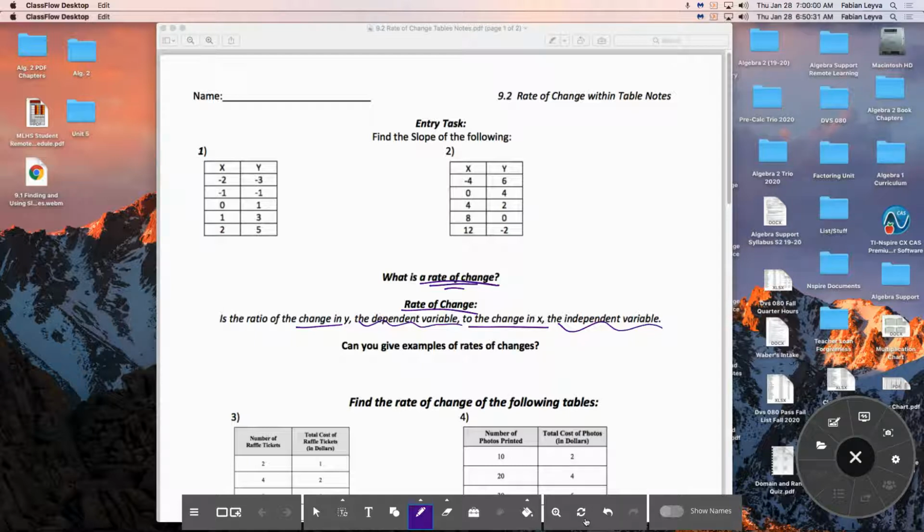So we're literally doing the same thing here. We're finding the change of y divided by the change of x, but now we're putting a little bit of context, aka story problems. Remember that the change in y is going to be considered the dependent variable, and the change in x is the independent variable.